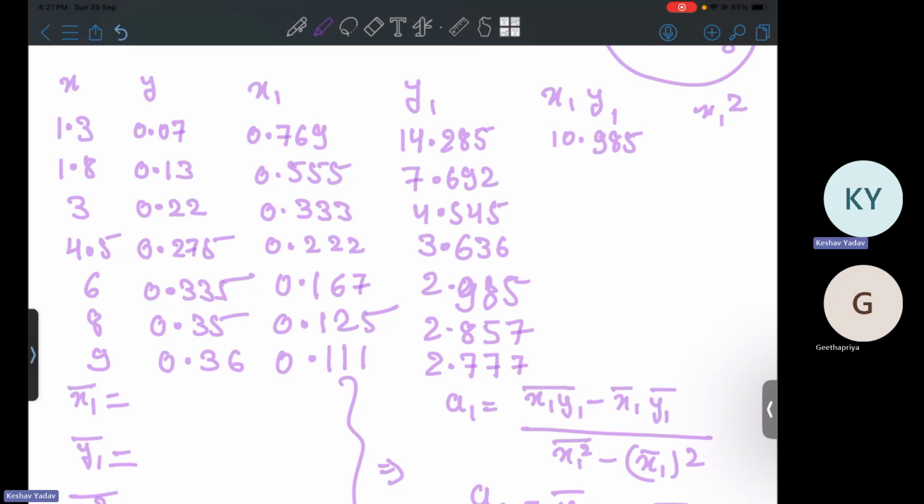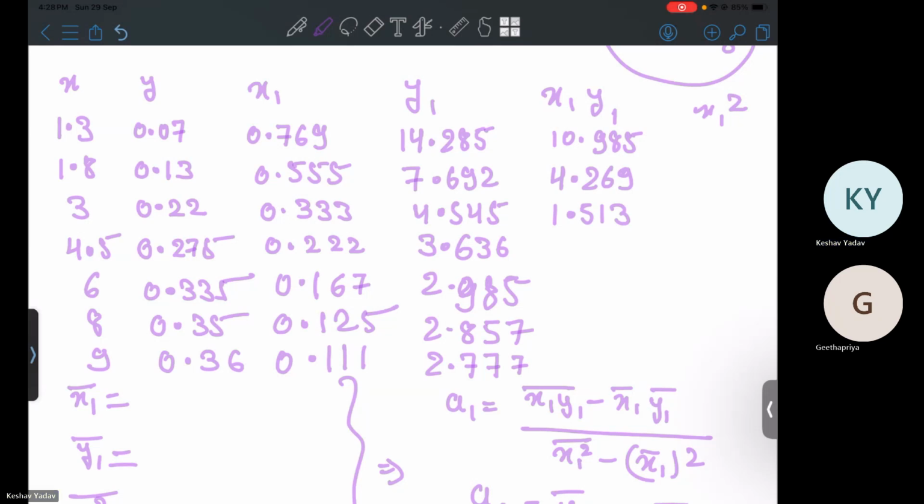Then 0.555 multiplied by 7.692 will be equal to 4.269. Now 0.333 multiplied by 4.545 will be equal to 1.513.